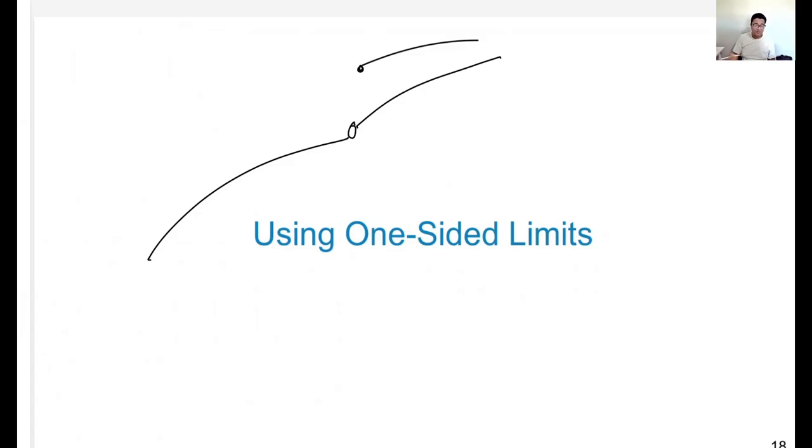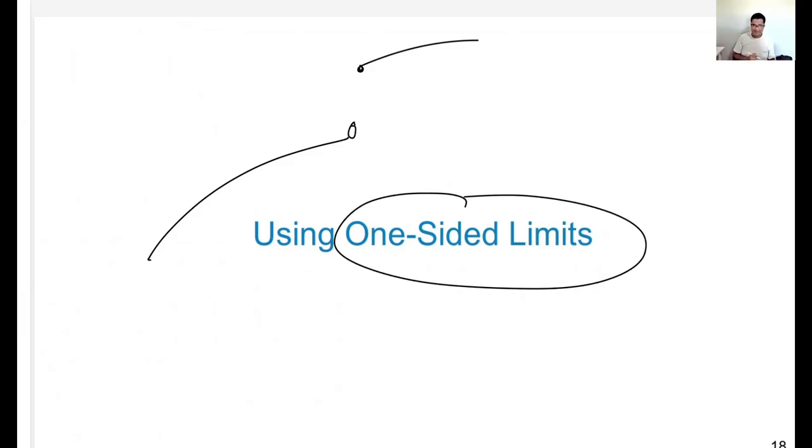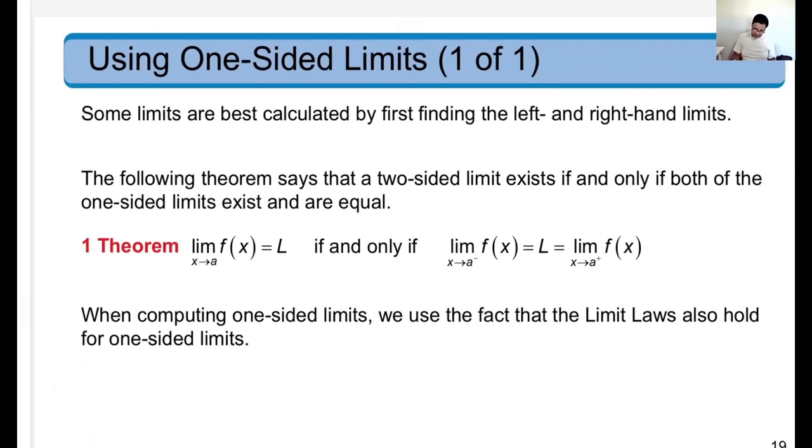So sometimes the limit may not exist, like in this case, where the limits on the left and right are different. But then we can talk about one-sided limits, right? We can say the limit on the left exists and has this value. You can say the limit on the right exists and has this value. Only when those two values are equal will you say the limit exists.